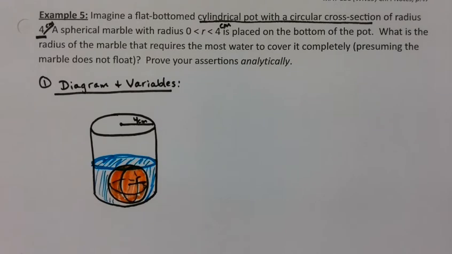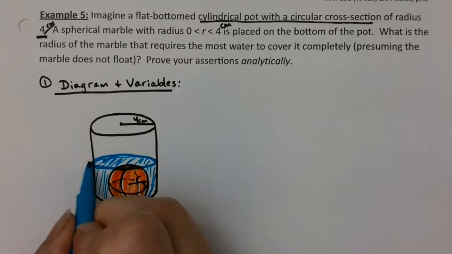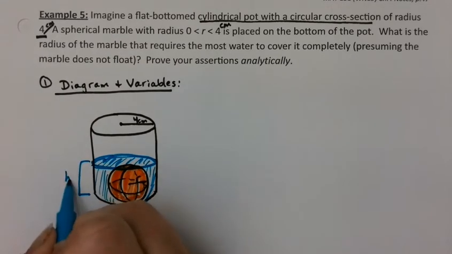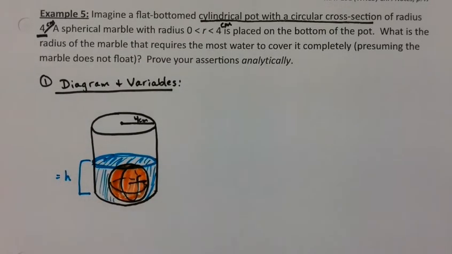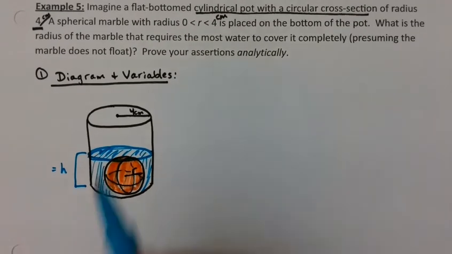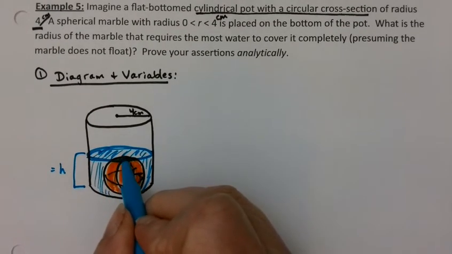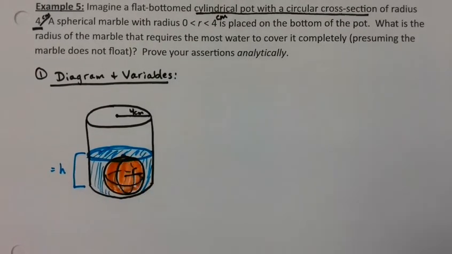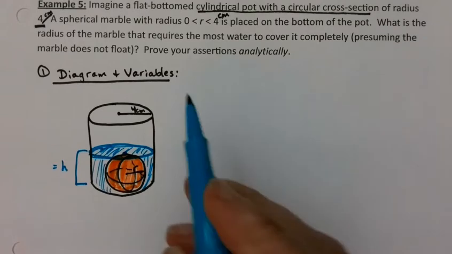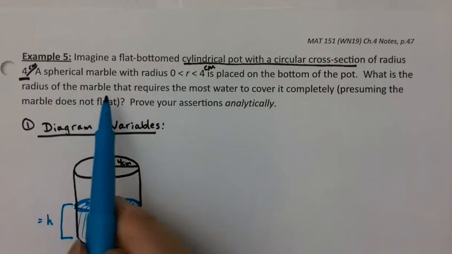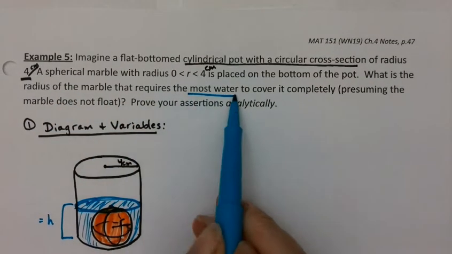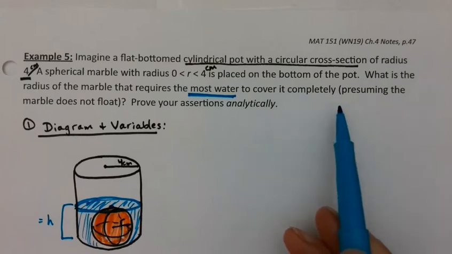Okay? So I want to know several things. So I want to know the height of this water. How tall is it? So the water has a height, and there's something that we can think about going on with that. And I want to just cover the marble. So the top of that marble touches that water right there. Okay, so let's think about this. What is the radius of the marble that requires the most water to cover it completely?